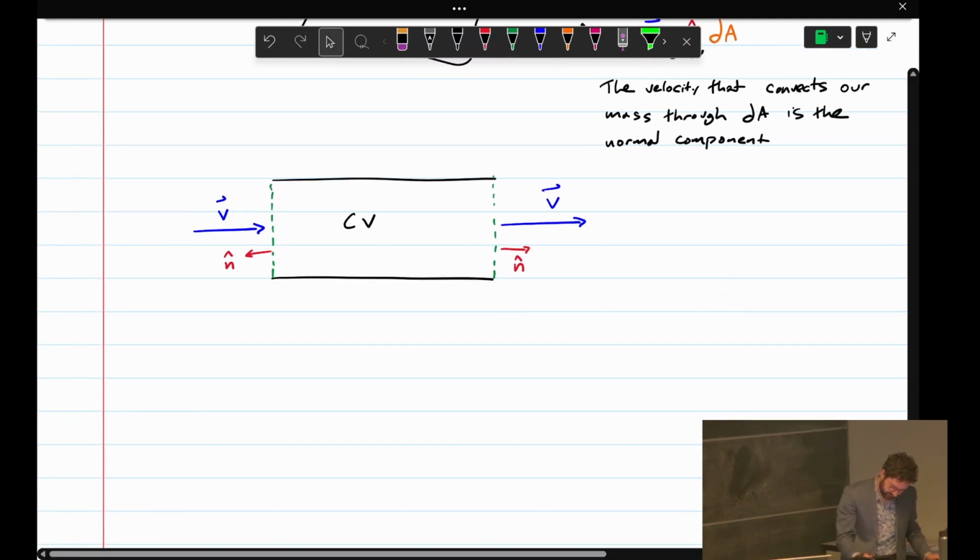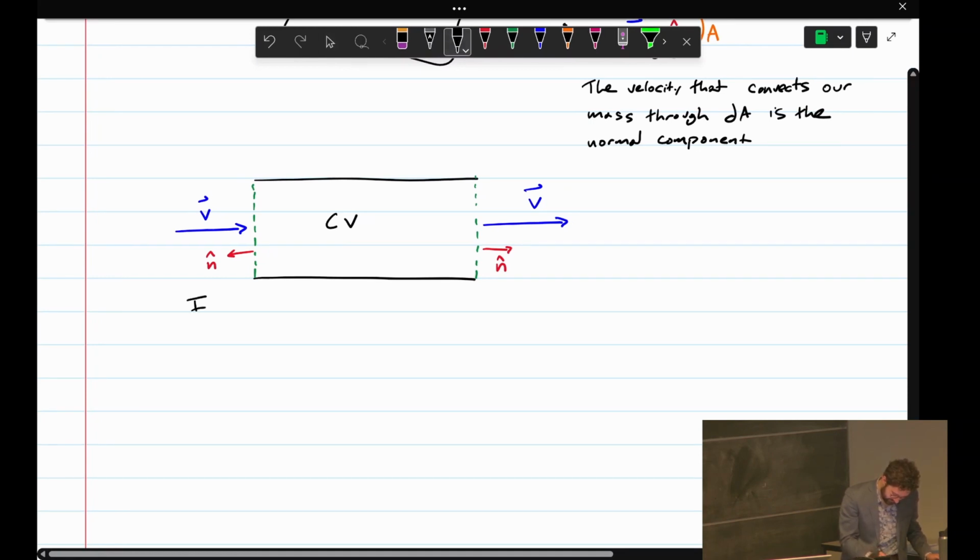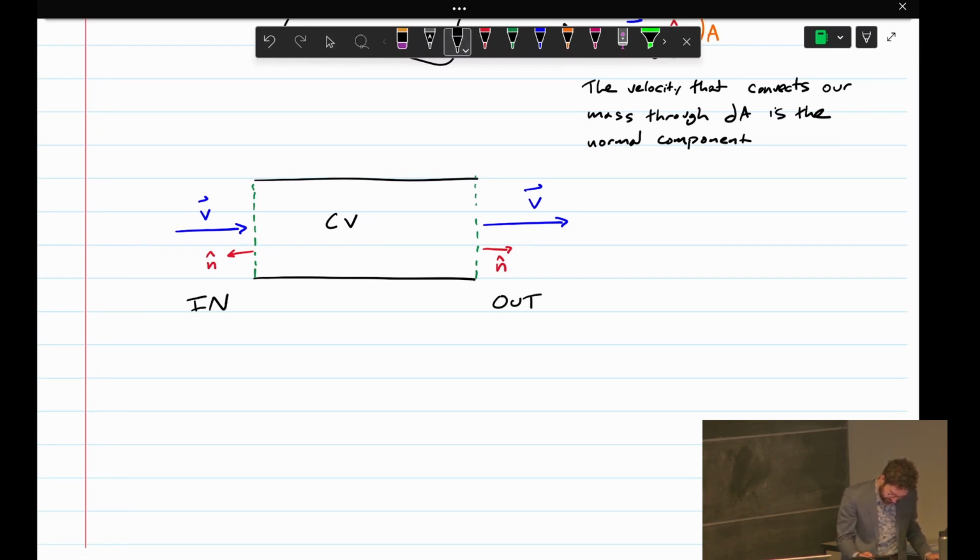So this is the in, this is the out. So v dot n, is that going to be positive or negative? Any guesses? Just take a guess. You're 50-50. Negative? Okay, I'm hearing some not very confident negatives. You're right. It's negative because the vectors are in opposite directions. So v dot n is less than 0.